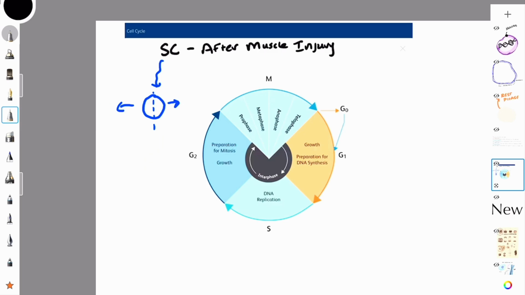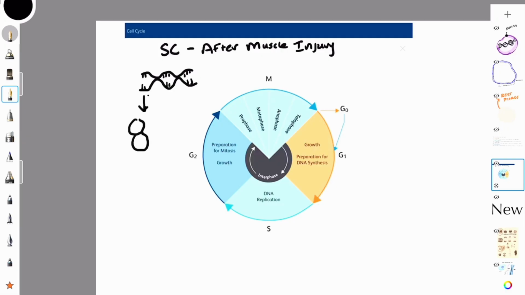So what's problematic about this is that whenever we are dealing with DNA, whenever we are trying to replicate DNA, we have to have a lot of regulation, because if DNA replication goes wrong, we start to get things like tumors and cancer, because tumors and cancer are a result of cells dividing uncontrollably and not being regulated.